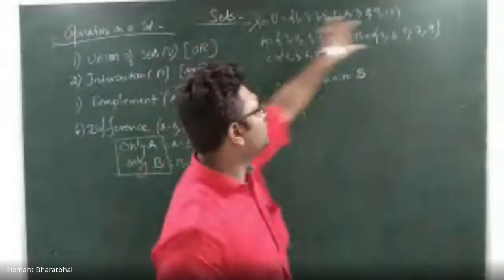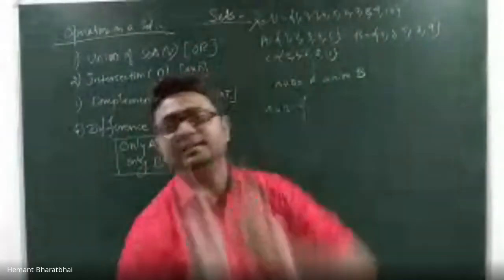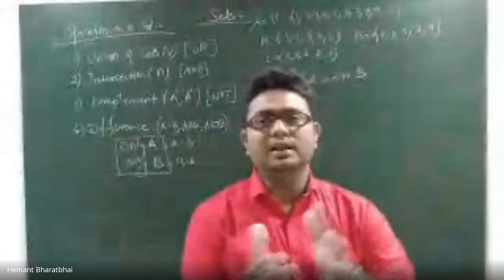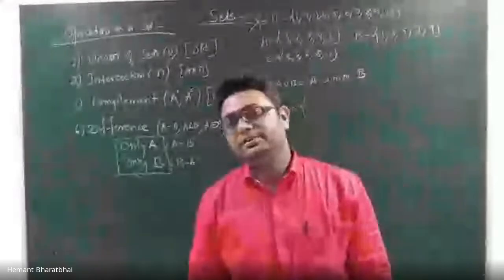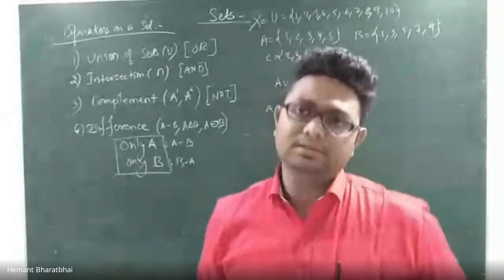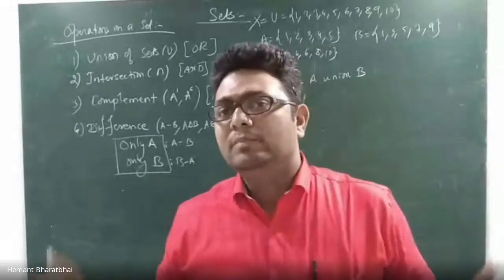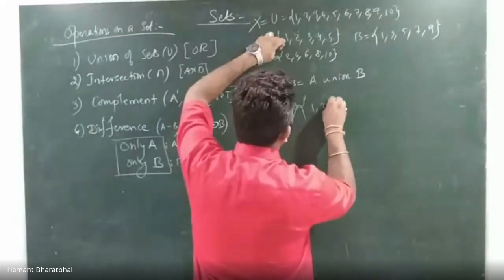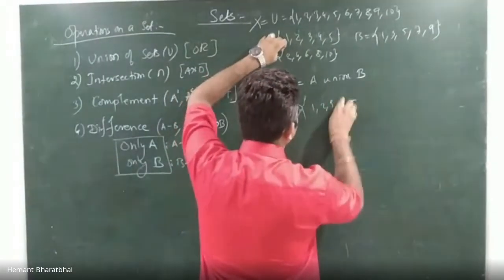You have to write elements of both the sets together. Union means coming together, right? Technically, in the English dictionary, union means coming together. Both the things are coming together. So when I write A union B, both the sets you have to write together. So 1, 2, 3, 4, 5.